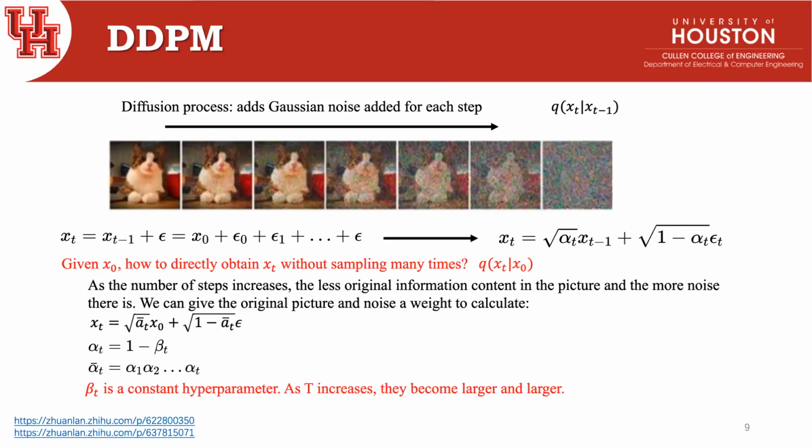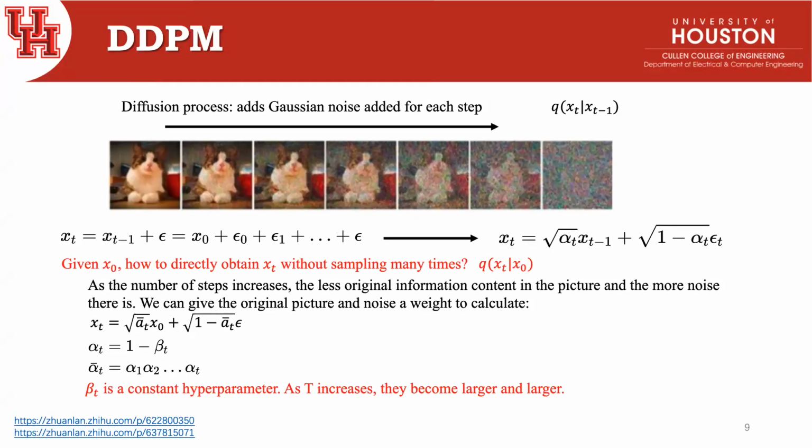The first question is, how can we add noise to this picture? We can just add noise step by step. For each image, we add some Gaussian noise to the picture until it becomes pure noise. But given x0, how can we directly obtain the noisy picture at step t?